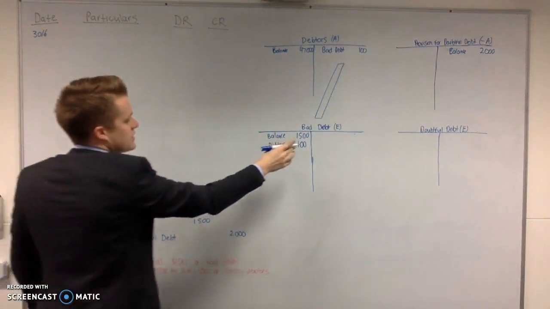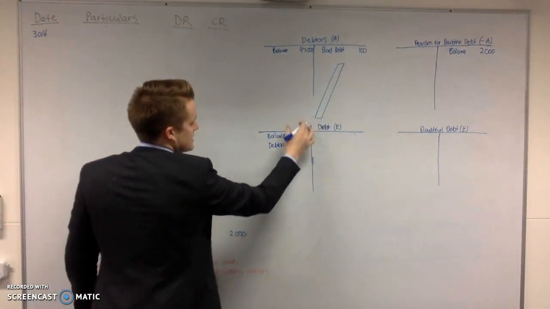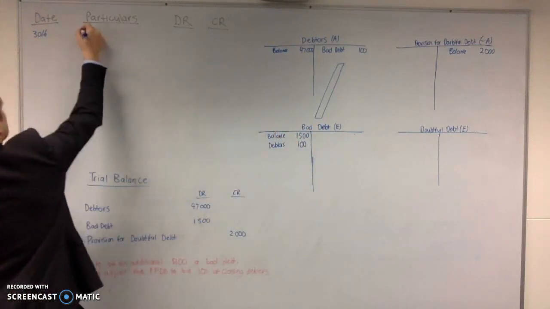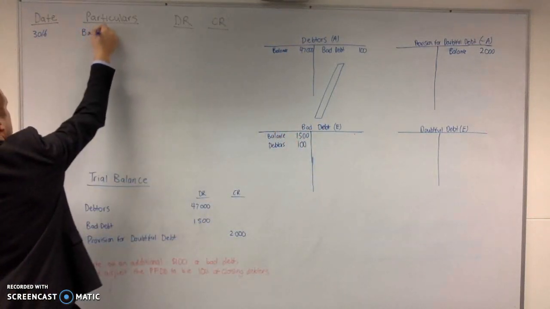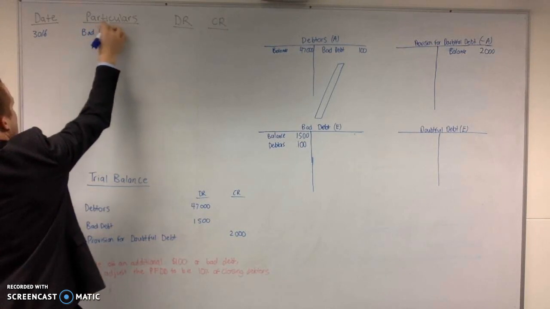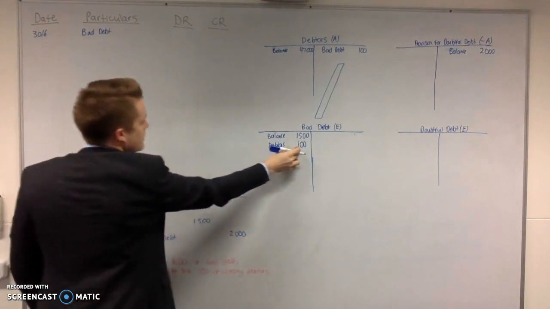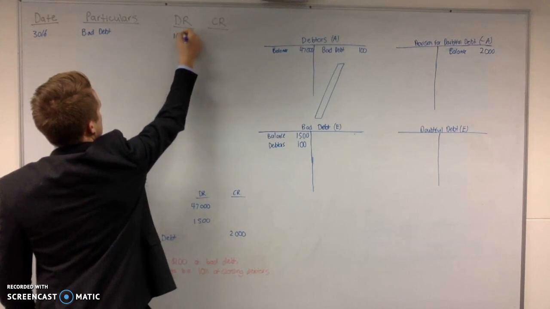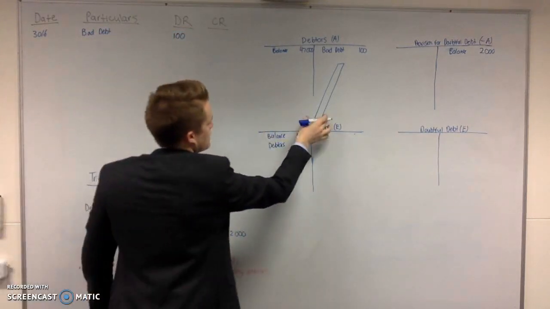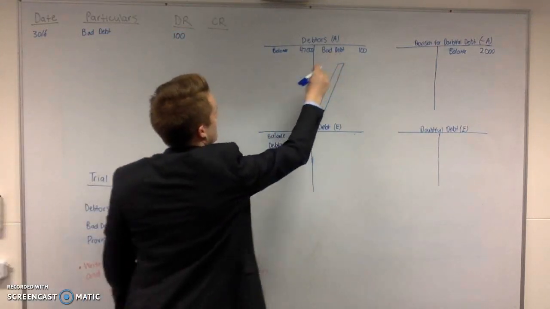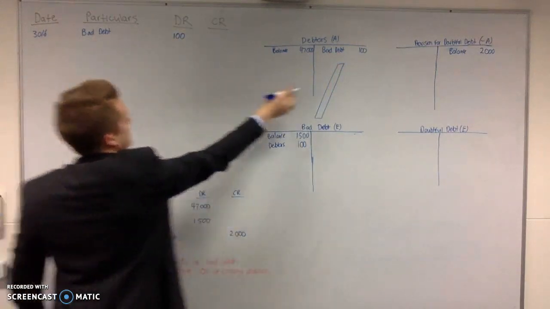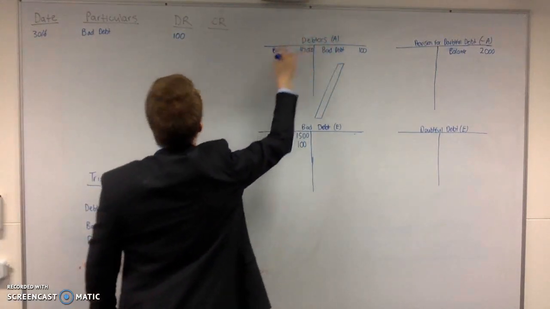The debit entry, that's the bad debt account. So bad debt, debit entry, $100. And then the credit side, so follow the stripe up, is debtors. Okay, debtors is the account that we put in.